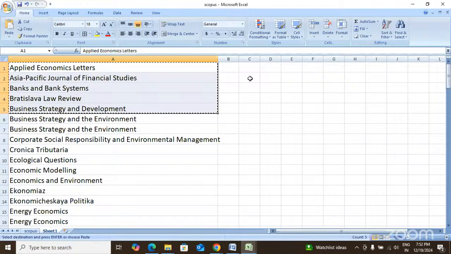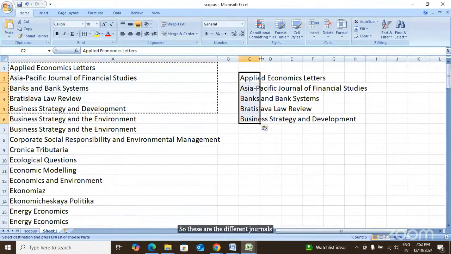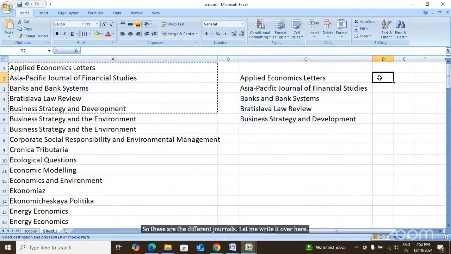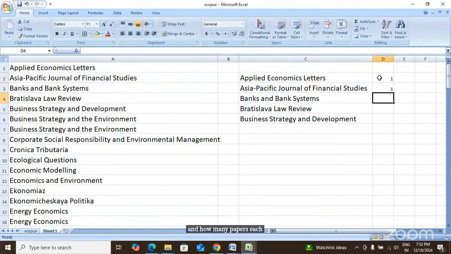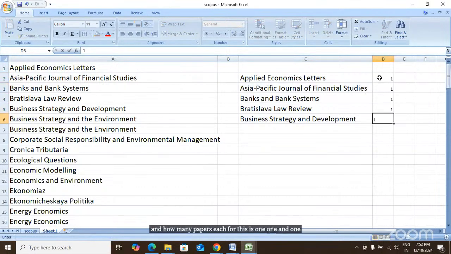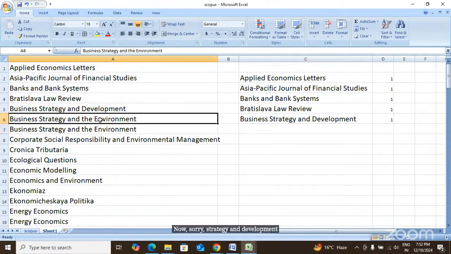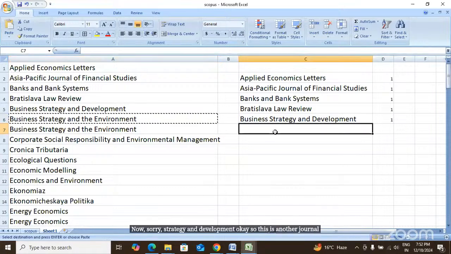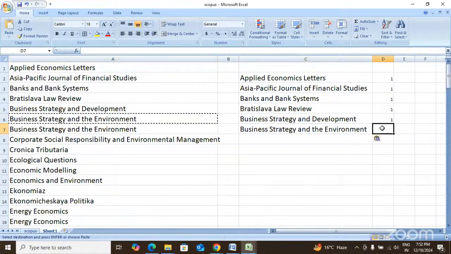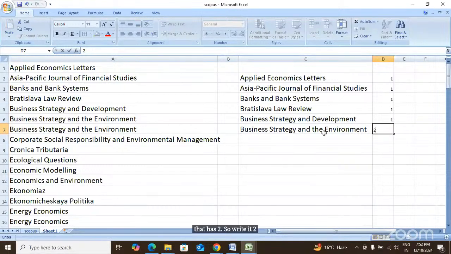These are the different journals. Let me write it over here, and how many papers each has: one, one, one, and one. Now strategy and development. This is another journal that has two, so write two over here.